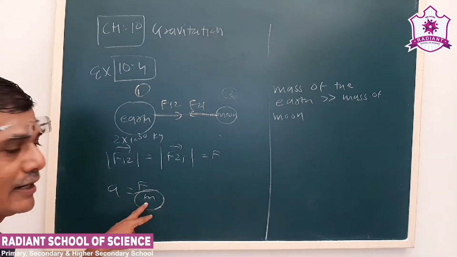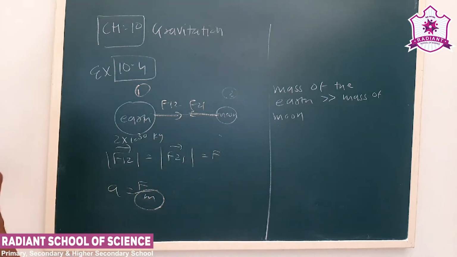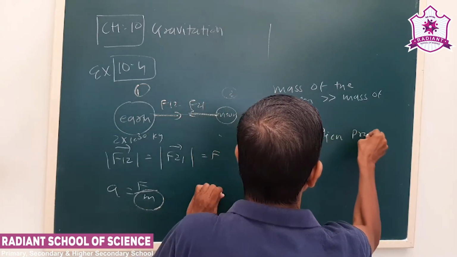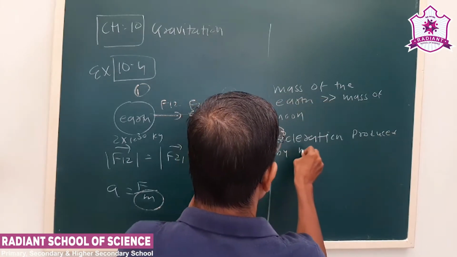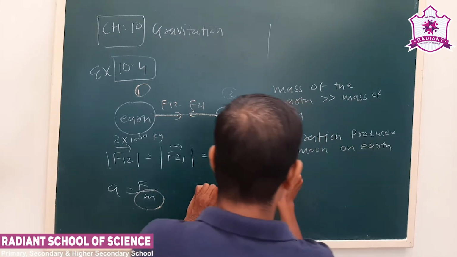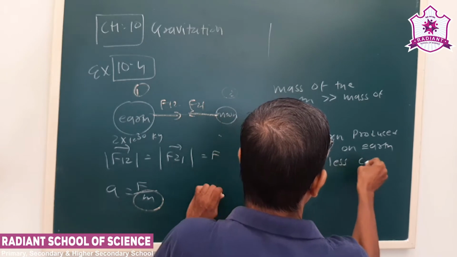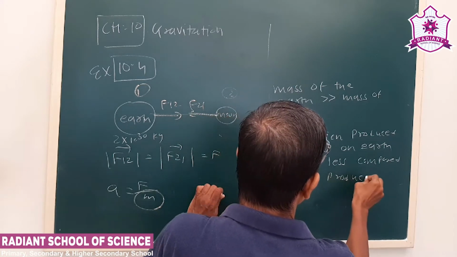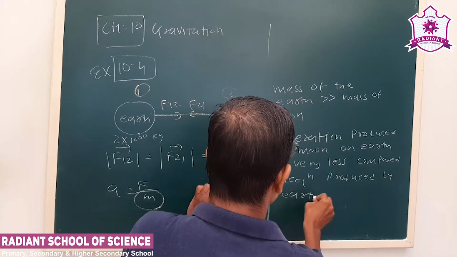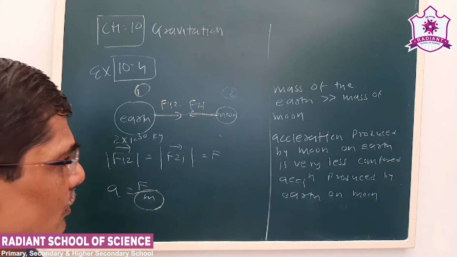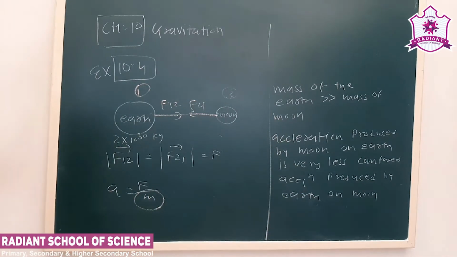The mass of the earth is very large compared to the mass of the moon, so the acceleration produced by the moon on the earth is very less compared to the acceleration produced by the earth on the moon.